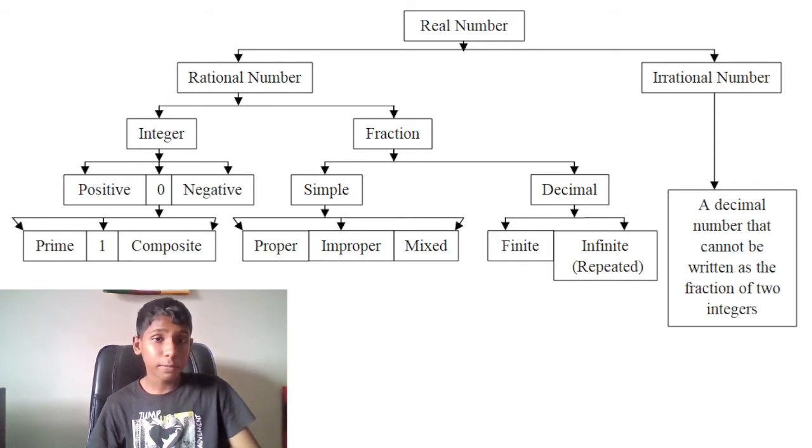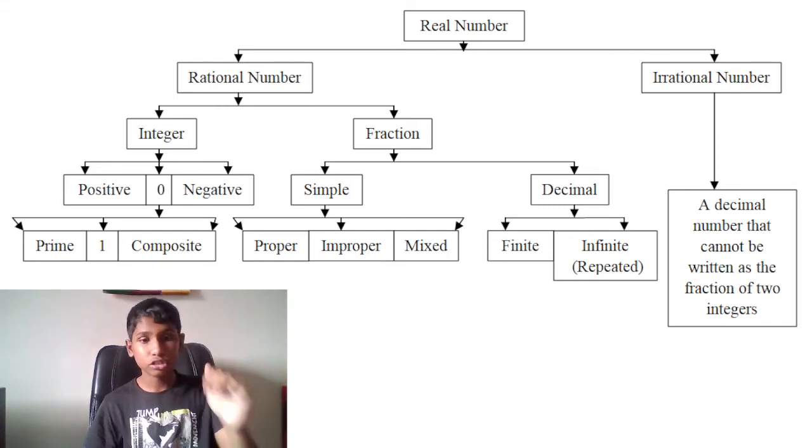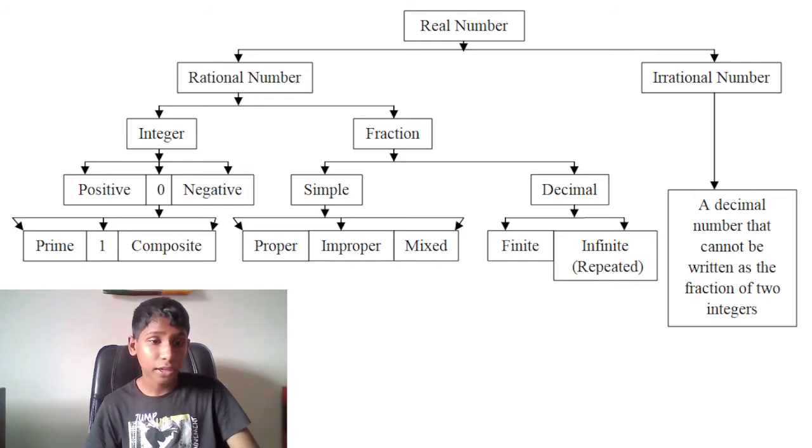Now let's talk about the decimal part of fraction. So decimal fractions can be divided into two more types. They are finite and infinite. Finite decimal fractions are the ones which have a definite value, like 2 by 10. 2 by 10 is equal to 0.2.